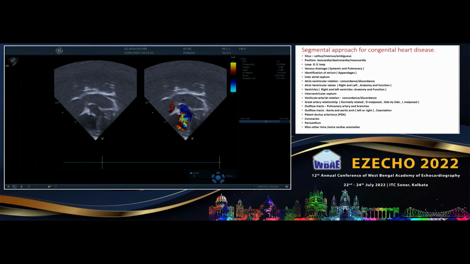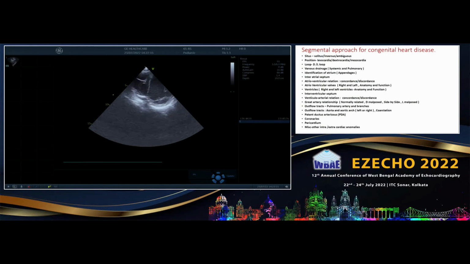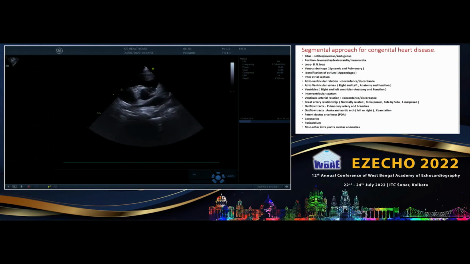Location of the VSD: perimembranous, muscular, outlet or inlet, number, and associated things, very commonly the tricuspid valve and aortic valve, mainly the non-coronary cusp, which comes in relation. Sometimes the right coronary cusp can come in contact and it can cause AR. This restrictive pattern is well demonstrated.